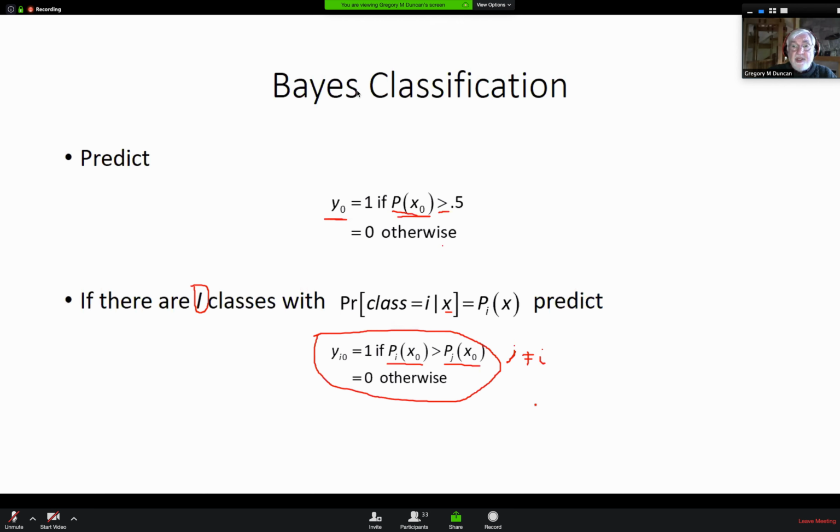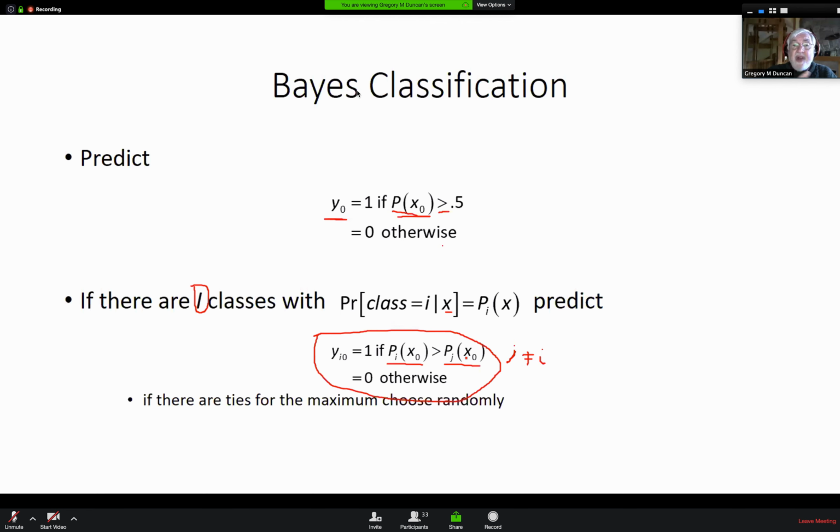What you're going to do is look for the most likely class and assign somebody to that class. So if the probability of you going to Harvard is the highest of all the schools and options you had, I would say that you're going to go to Harvard. That would be my prediction. I could be wrong. Okay.